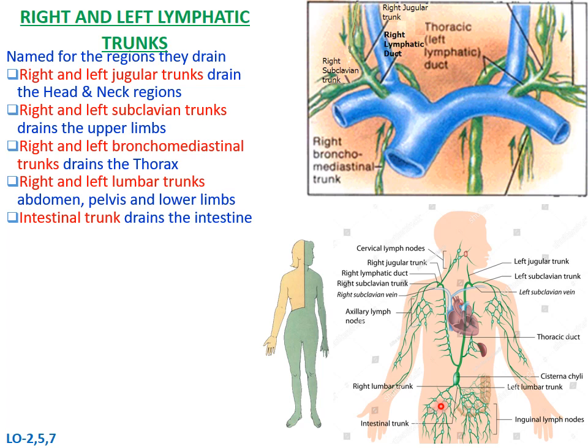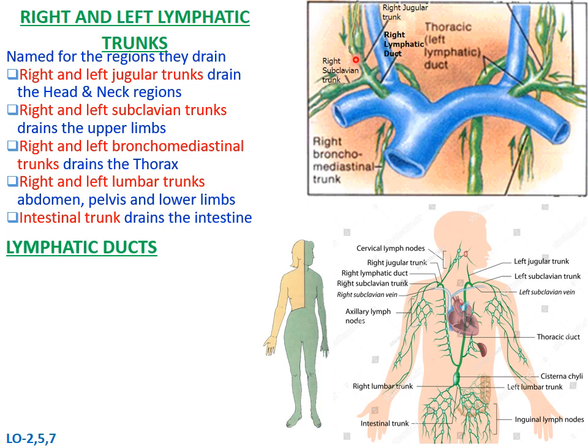Those lacteals collect the 10% that is left over, and they usually collect only the fatty acids. So the lymph coming from the small intestine, the intestinal trunk, contains the fatty acids absorbed from the small intestine.